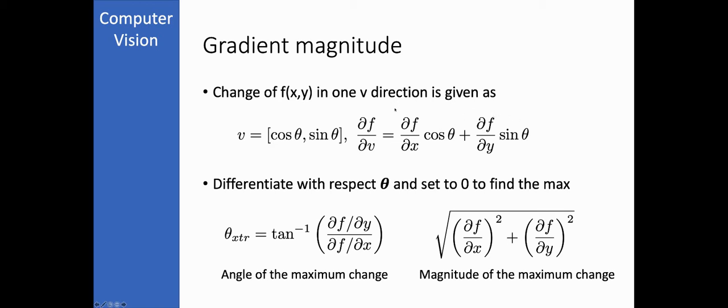If I take the derivative of this with respect to theta and maximize it, I will find that the extremum theta is given by the arctangent of the ratio of the partial derivative with respect to y over the partial derivative with respect to x. This leads to the magnitude of the maximum change being given by the gradient magnitude given here.